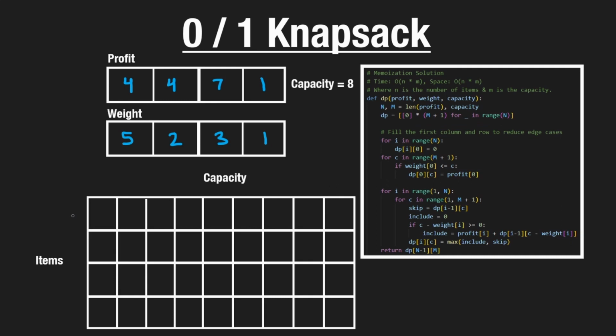So we're going to have 4 rows, 1 for every single item in our input, and we're going to have 9 columns in this case, because we still want capacities for 1 through 8. But in this case, the 0th column is actually going to be relevant for us. I'm going to show you why in just a minute.